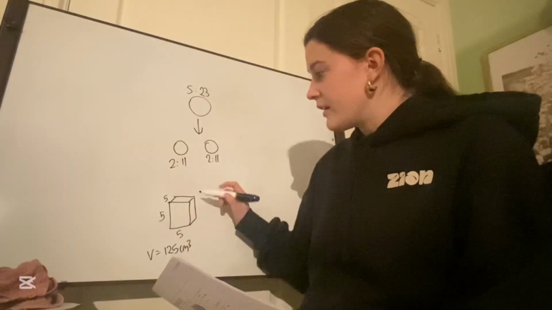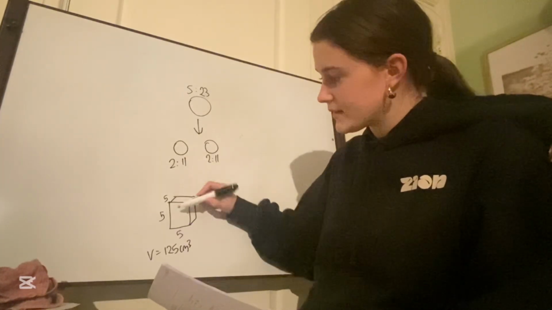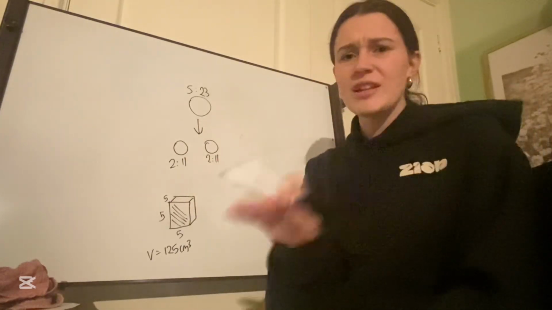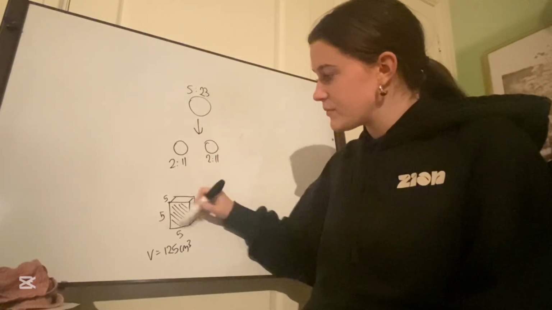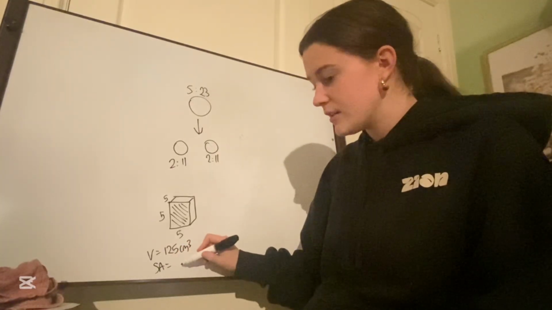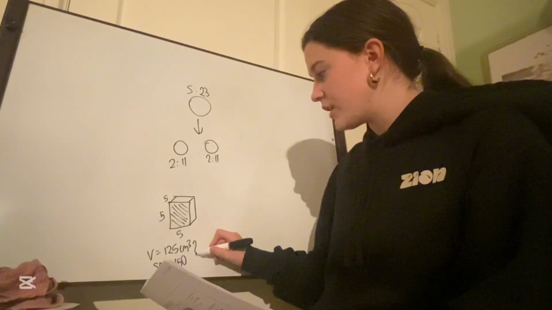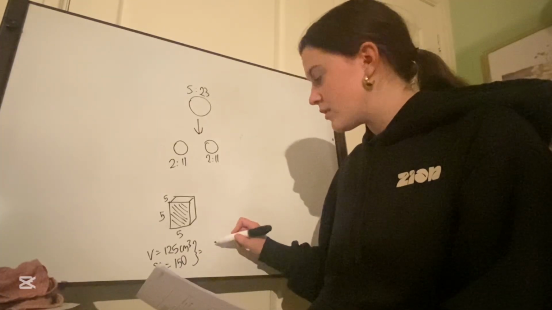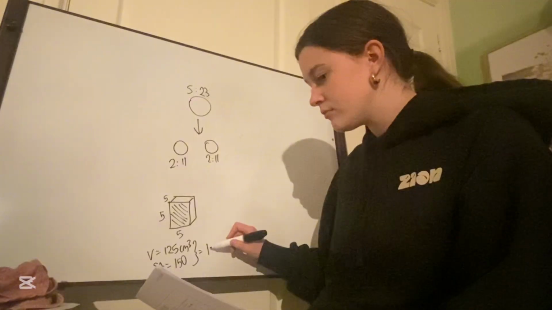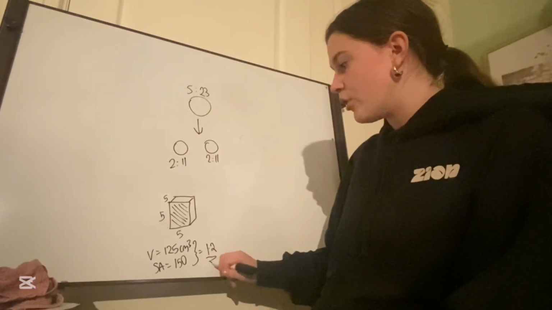And its surface area is 5 times 5 times 6. You don't actually need to understand this, but 5 times 5 times 6. So our surface area is 150. Which means that its surface area to volume ratio is 1.2. Right? Which is kind of low, okay?